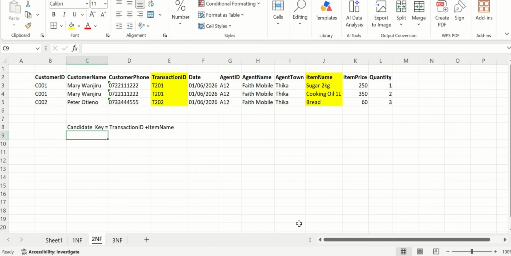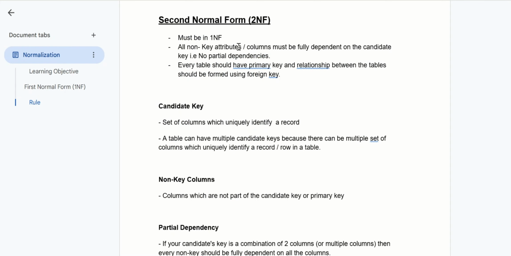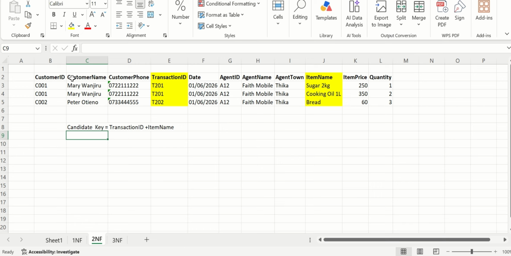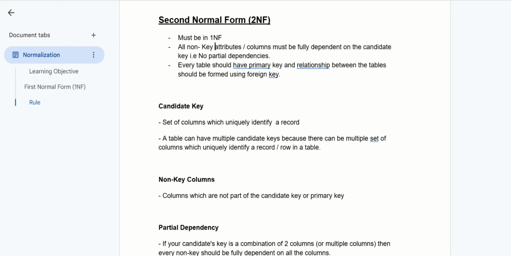The rule here is that all non-key columns must fully depend on the candidate key. If you look at all these non-key values, some of them will not depend on the candidate key. Some will depend on it.